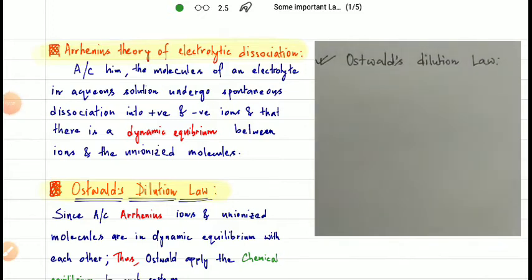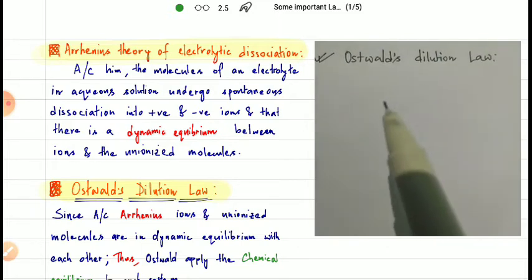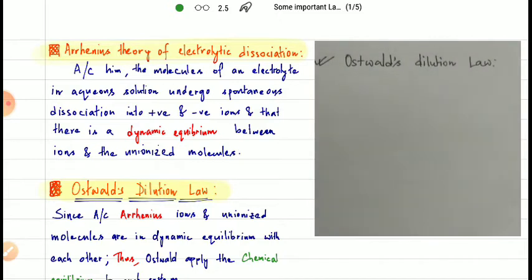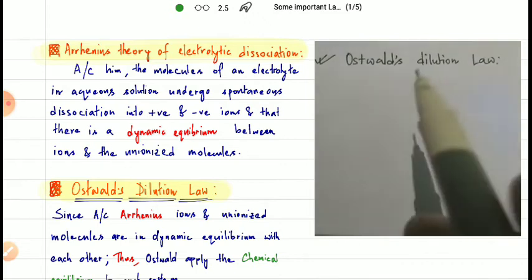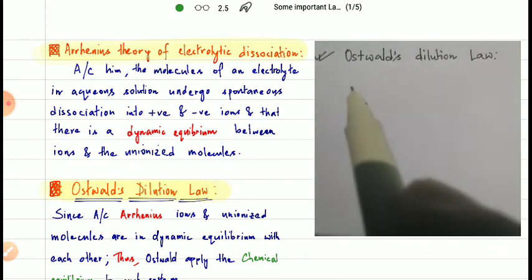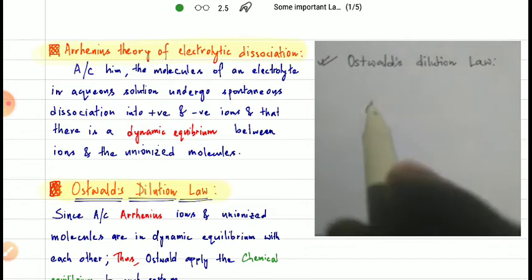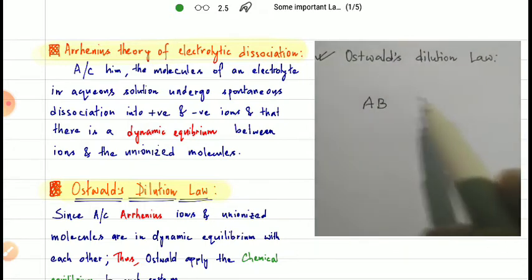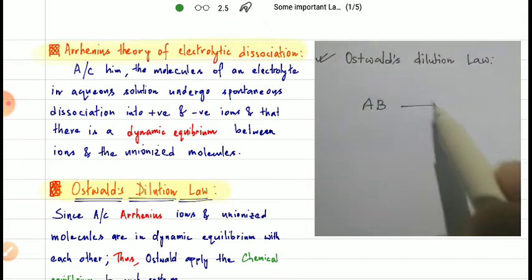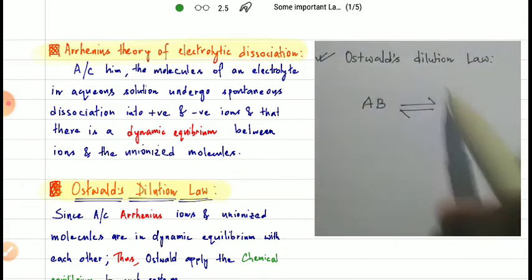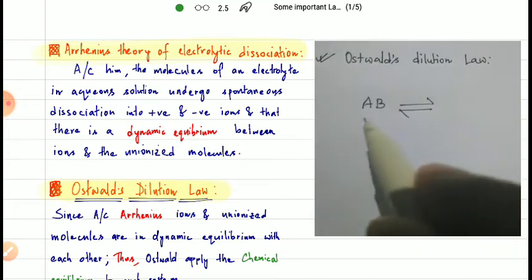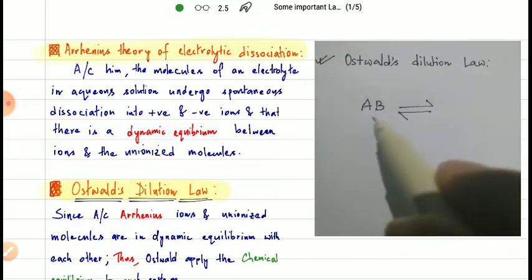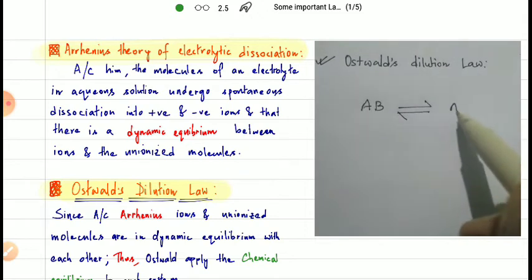Here Ostwald used the concept of Arrhenius theory. According to the Arrhenius theory, we already know that, let's suppose this is your electrolyte, AB, there will be some dynamic equilibrium between the unionized molecule and their ions.